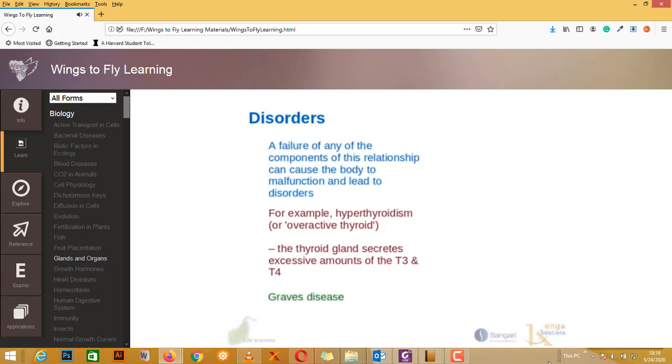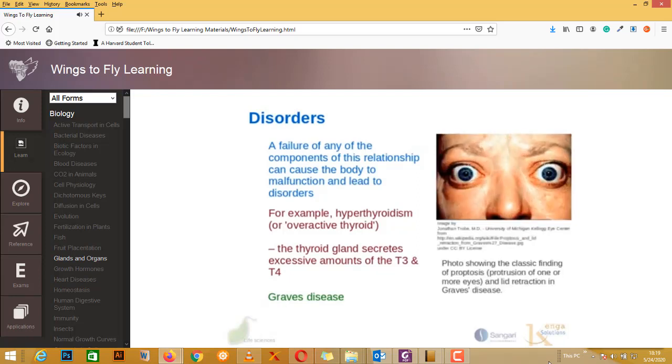One example of hyperthyroidism is Graves' disease. Patients suffer from a number of physical and psychological symptoms, and sometimes they're quite severe. One visible manifestation often seen with Graves' disease is the classic protrusion of the eyes, or proptosis.